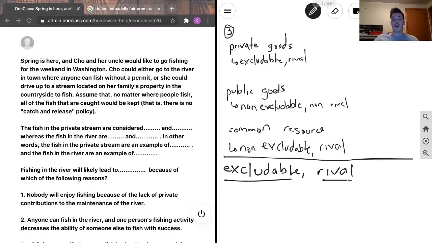Fish in the private stream are considered excludable and rival. So if we remember, the private stream is located on her family's property, so they can turn other people away from fishing. And if she catches the fish in that river, there are less fish to be caught by the people.